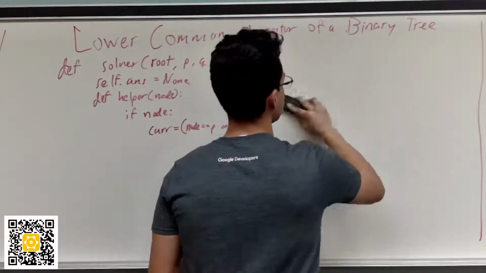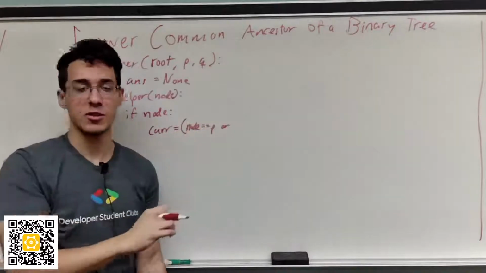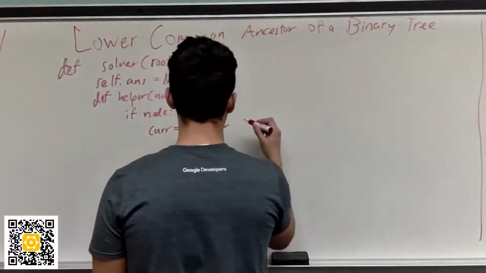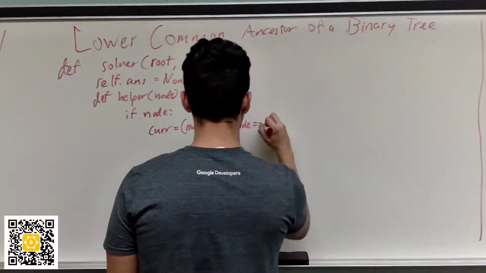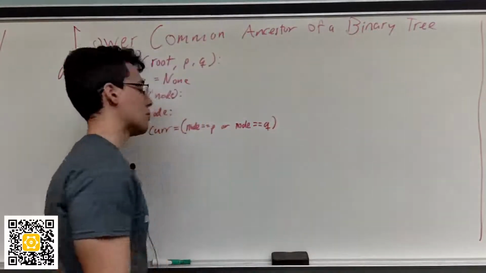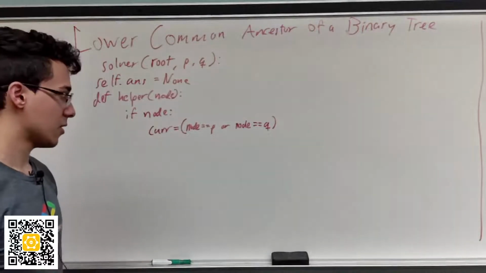Okay. Just keep memory of the data structure. So we have a Boolean, and we make sure, is it P or Q, right? And it could be one of them, or it could be none of them, right? So that's going to be held here. Okay. Then what?